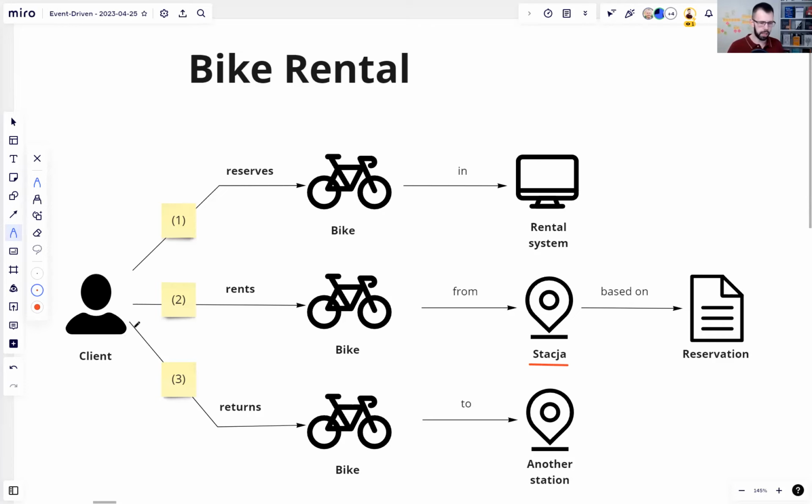And then they can return this bike to another station. So they rent from one place and they return it in another place. And of course, behind the surface, there is paying, applying fees, etc. But from the high level, we have these kinds of processes here.